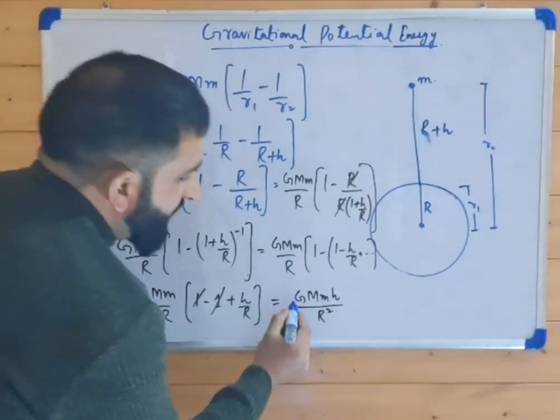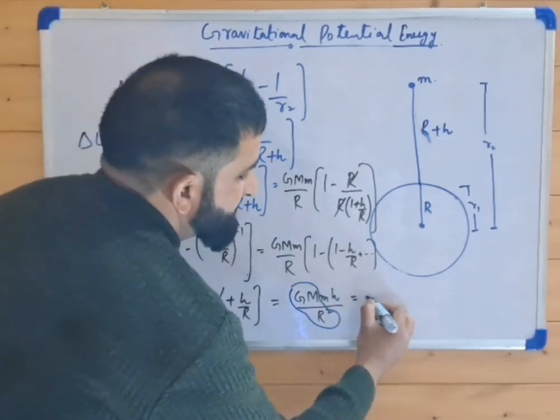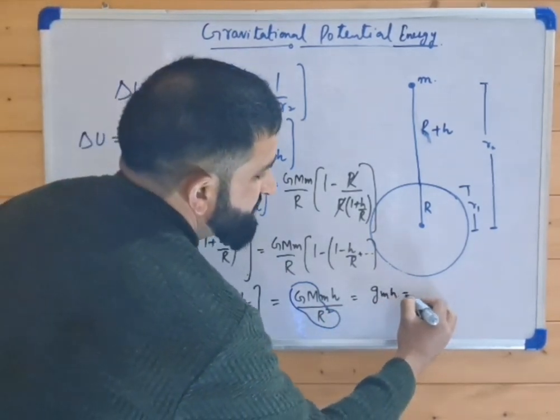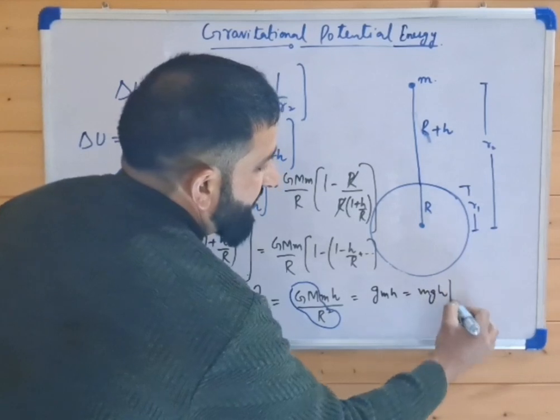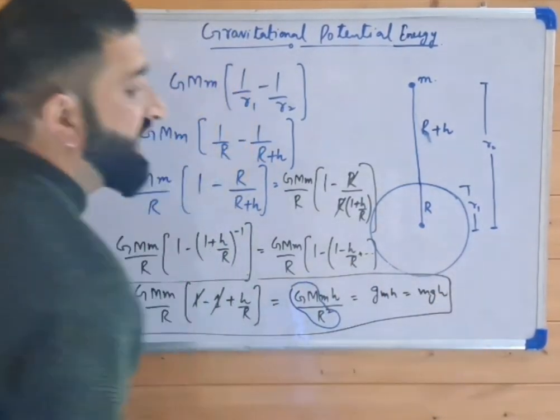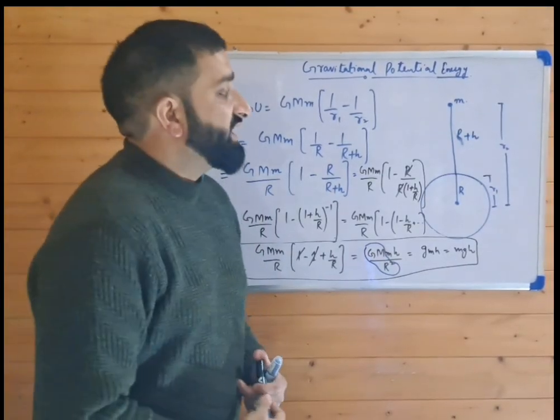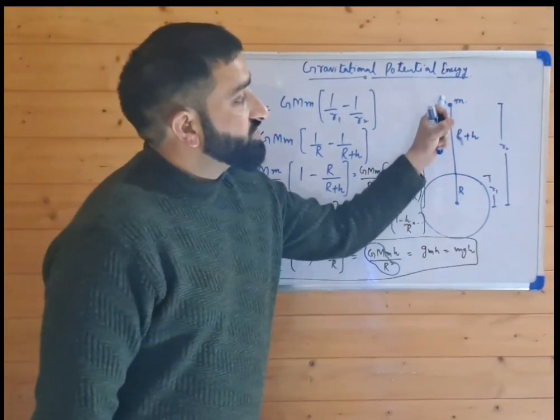Simple calculation. GM by R square is equal to the acceleration due to gravity. That means it is equal to mgh. That is the change in potential energy of the body when it is displaced through an altitude h.